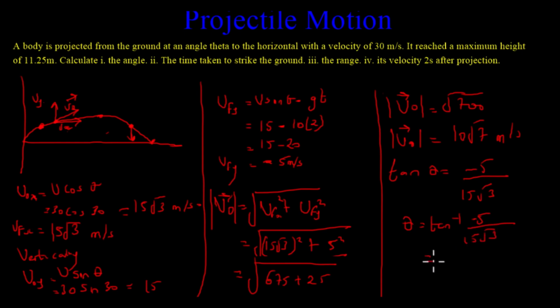Pressing this in our calculator, we have shift tan inverse of negative 5 divided by 15 root 3. So the answer we're having is negative 10.89 degrees.